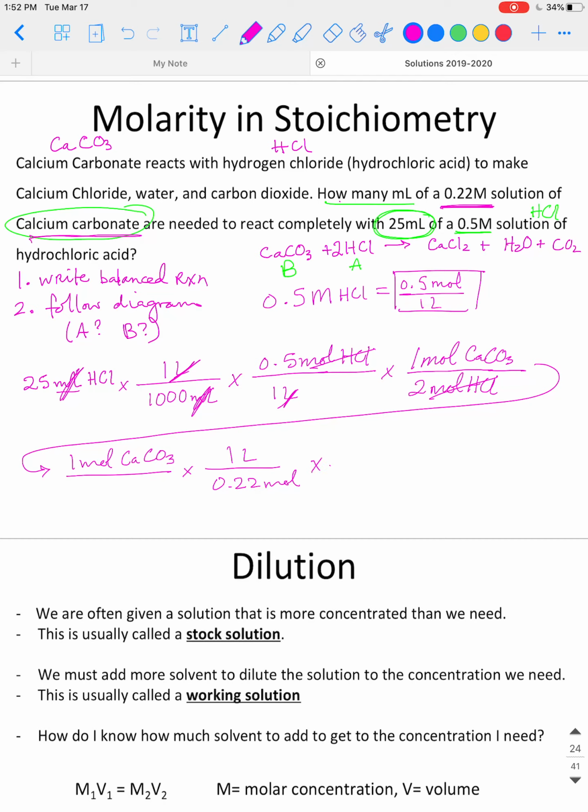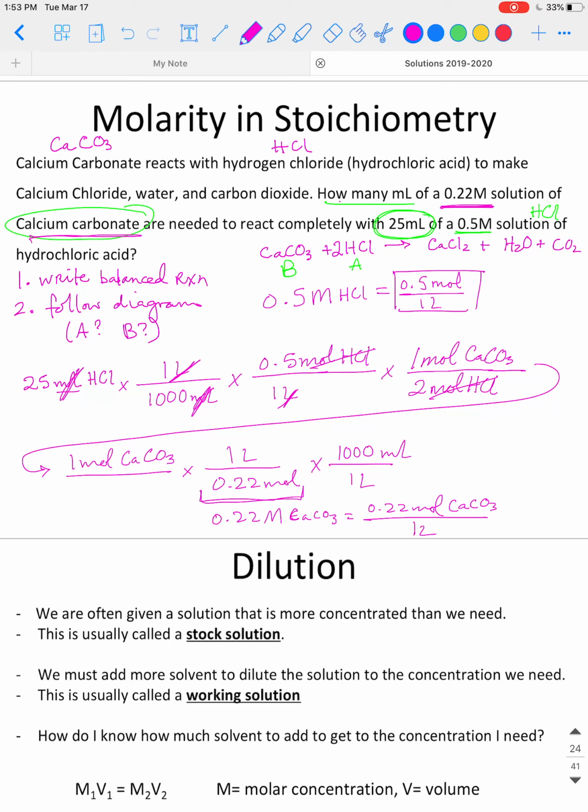Then lastly, it says how many milliliters, so we're going to go from liters to milliliters. For every 1 liter, we get 1,000 milliliters. So this right here that I plugged in was the molarity, the 0.22 molar, which for calcium carbonate means 0.22 moles of calcium carbonate for every 1 liter.